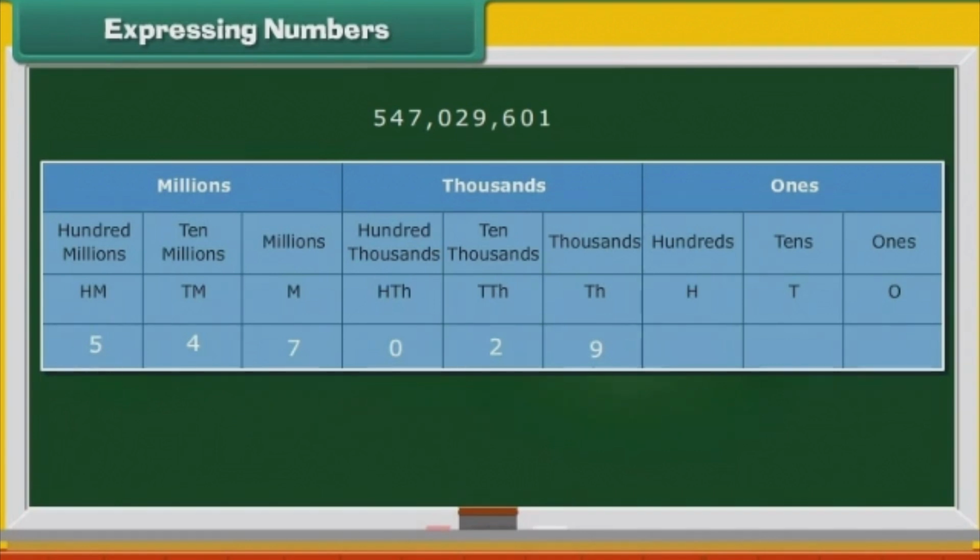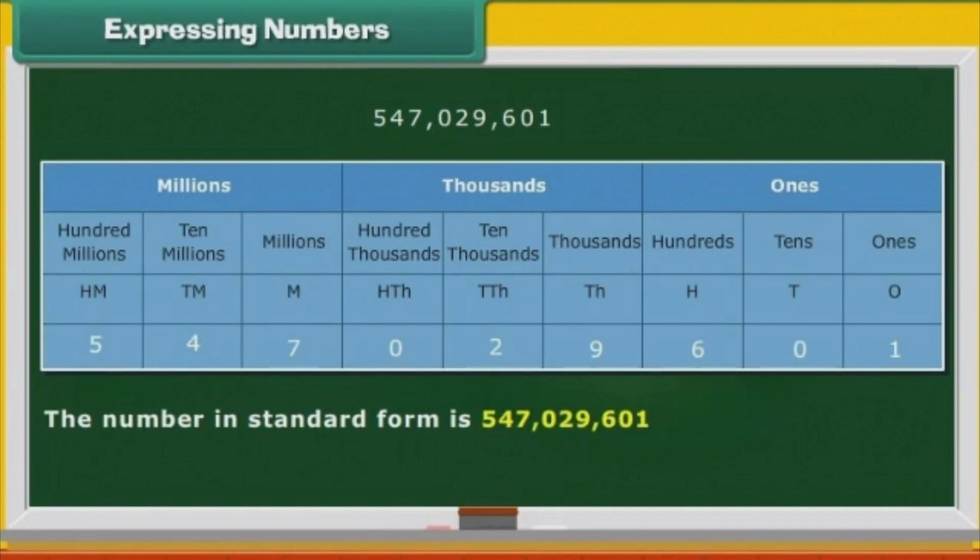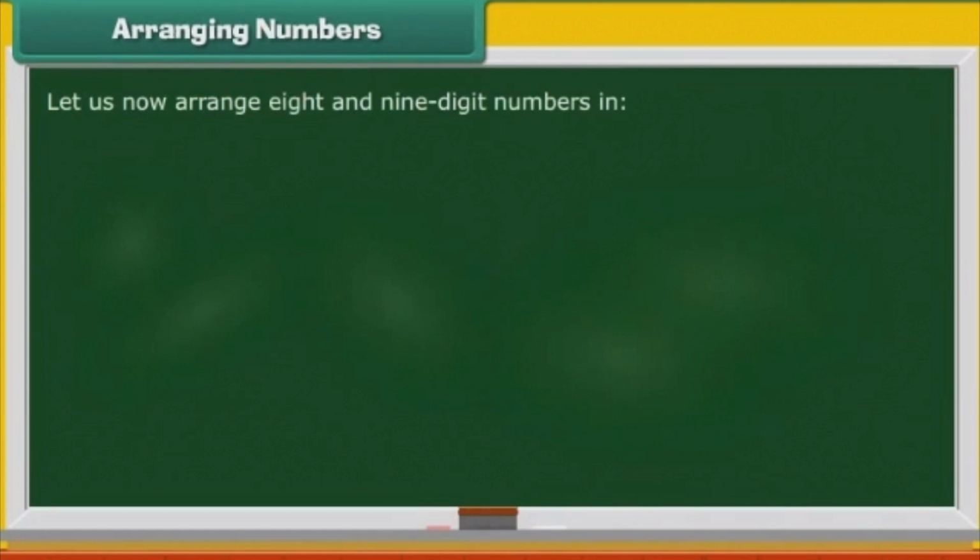Proceeding in the same way, write 6 under H, 0 under T and 1 under O. Therefore, the number in standard form is 547,029,601.